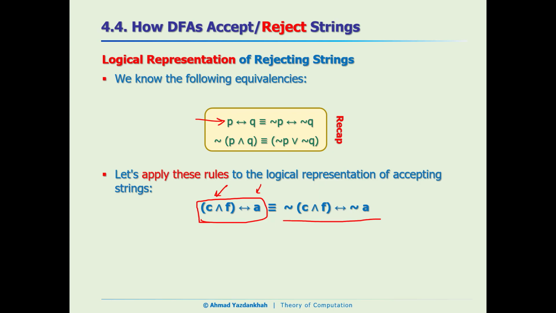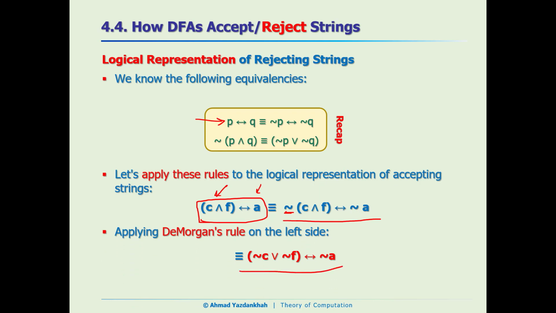And then we use De Morgan's law and distribute this negation inside this parenthesis and we will get this. So this is the rejection logical statement. Why am I saying this? Because this was accepting, and the negation of accepting will be rejection, right? So this will be the rejection.